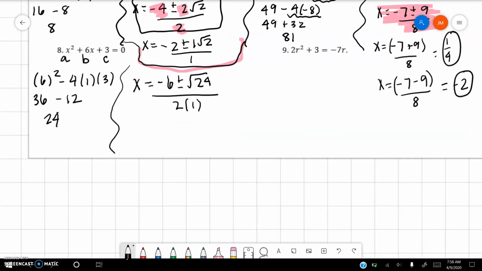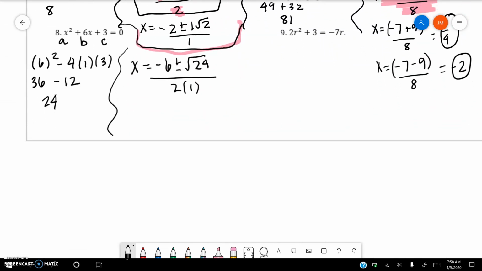I'm going to move this up a little bit. Now, square root of 24 does break down because it's 6 times 4. So off to the side somewhere, we have a 4 and a 6, so this becomes 2 root 6. So we have x equals -6 plus and minus 2 square root 6 over 2.